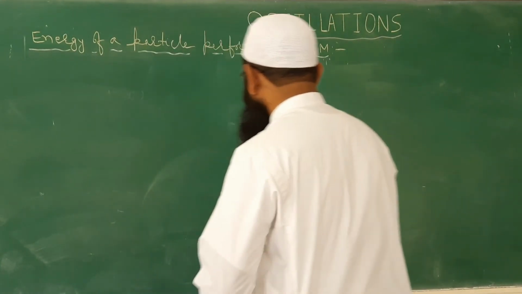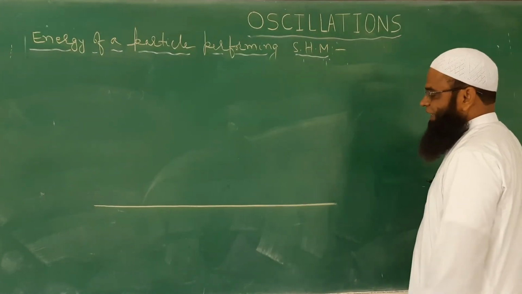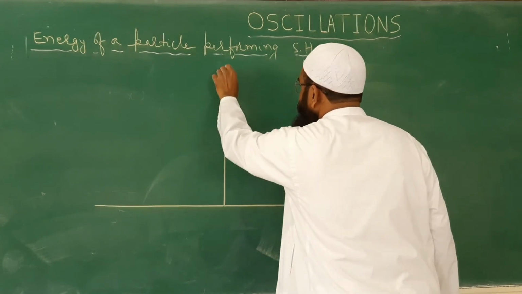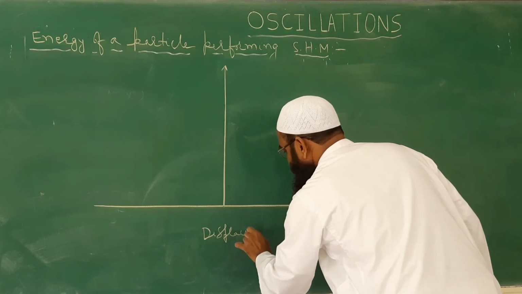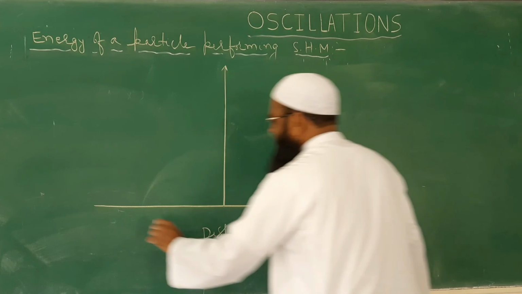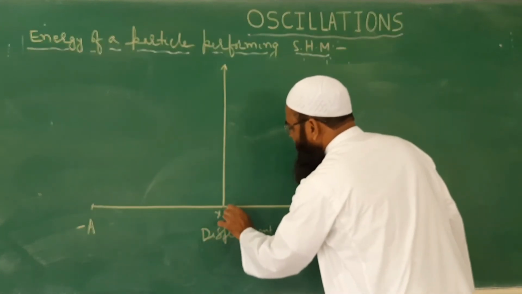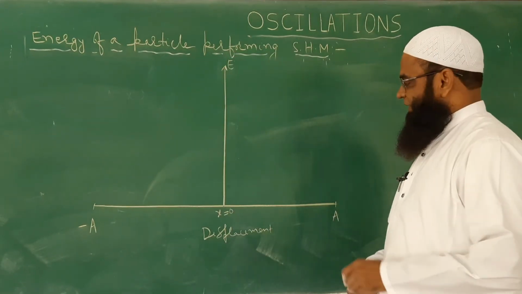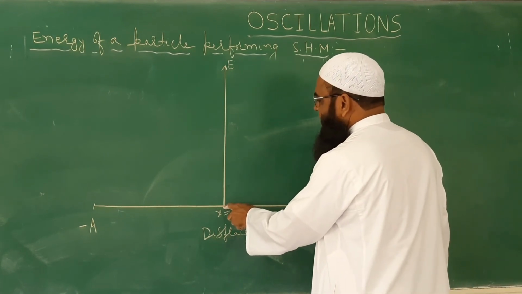If we plot a graph between these two, on the x-axis we take displacement and on the y-axis we take energy. Here is the positive extremity, here the negative extremity, and here x is 0, the mean position. As we know, at the mean position kinetic energy is maximum.